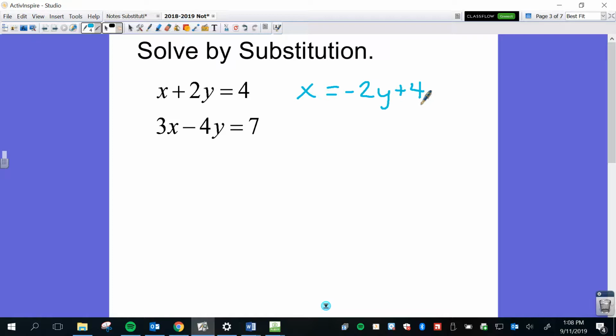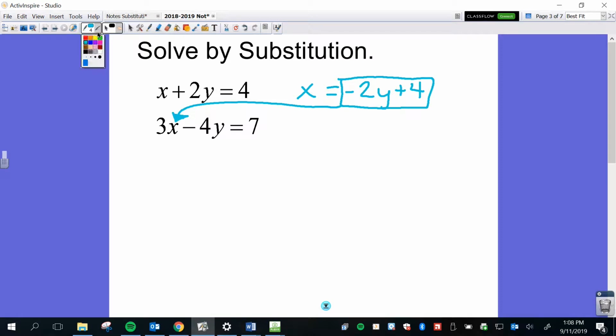Now look, x is the teacher who's sick today, and negative 2y plus 4 is the teacher's substitute. So it's going to go in the place of x, the teacher, in the other equation. I go to the other equation, and when I see x is sick, in for x today is negative 2y plus 4. Does that make sense?